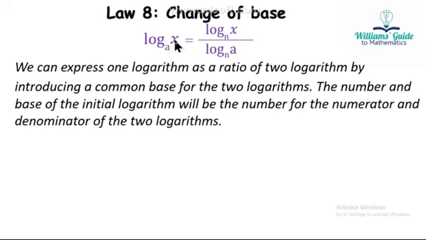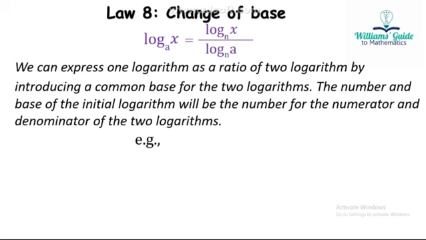We have x, which is the numerator, as the log for the first, and a, the denominator, as the log for the second. So x, the number, will be for the numerator, a, which is the base, will be for the denominator. They will now take a common base like we have in this case.